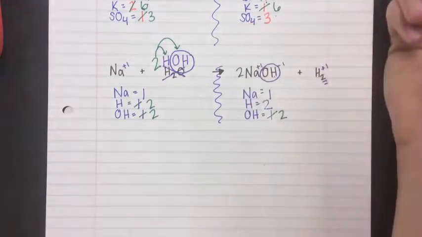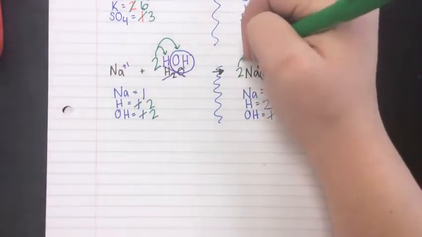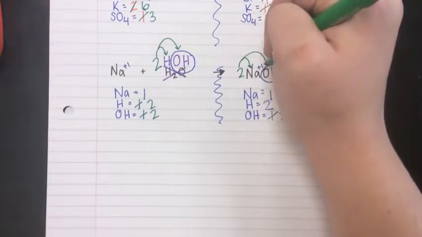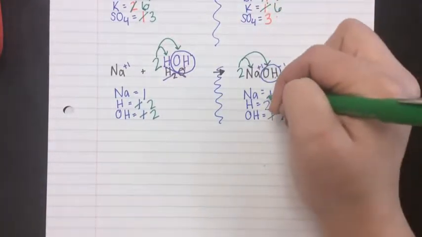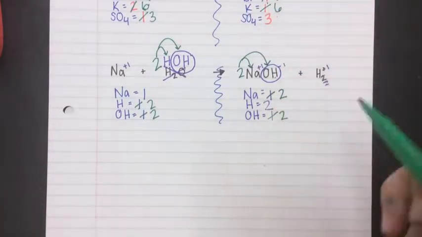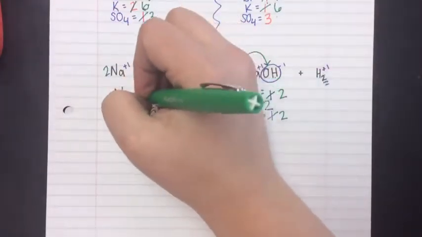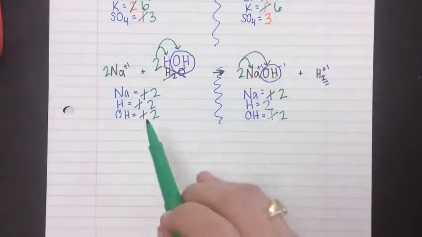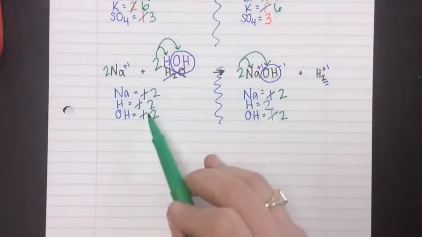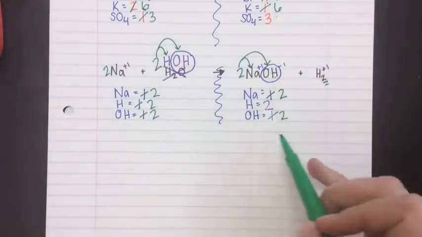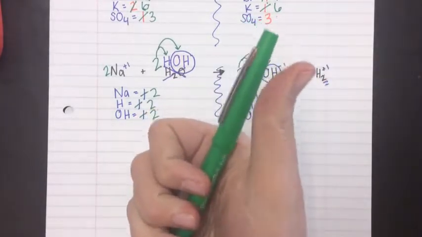This changes not only my hydroxide, but also my sodium. To finally get it balanced, I add a coefficient 2 in front of sodium. My sodiums are balanced, my hydrogens are balanced, my hydroxides are balanced. This means I have a balanced chemical formula.